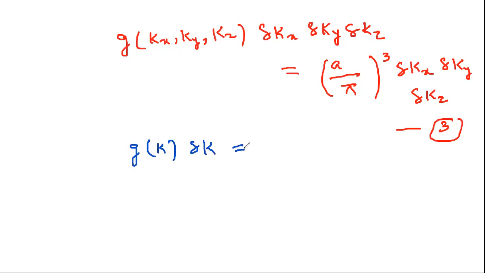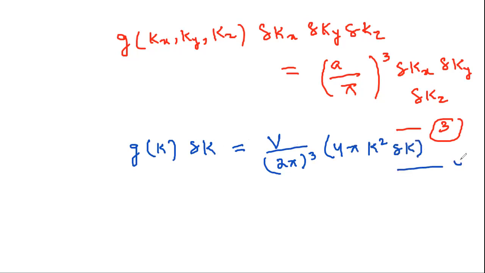This was equal to V over 2 pi whole cube times 4 pi k square delta k. This was our fourth equation. G k delta k equals V by 2 pi whole cube times 4 pi k square delta k.